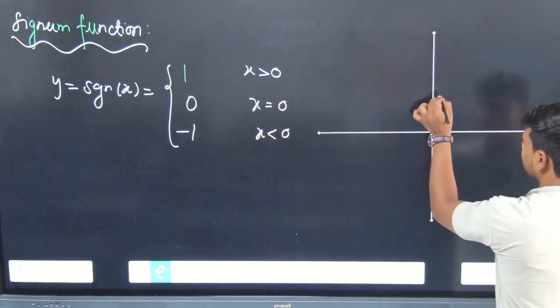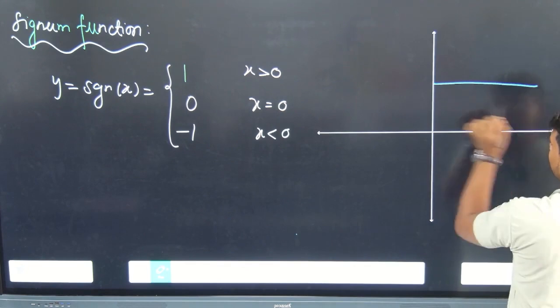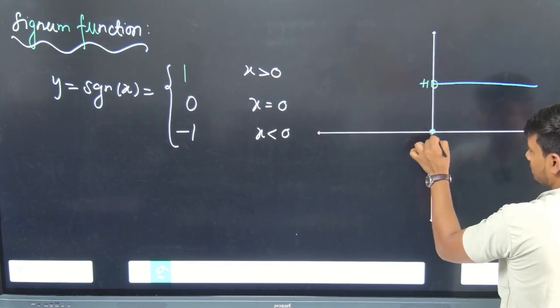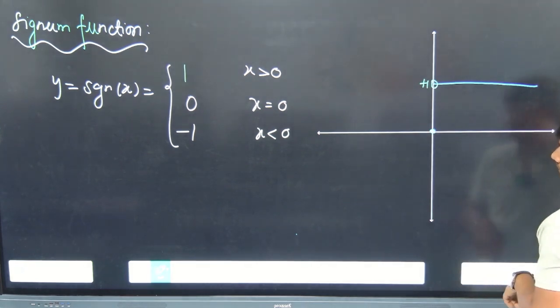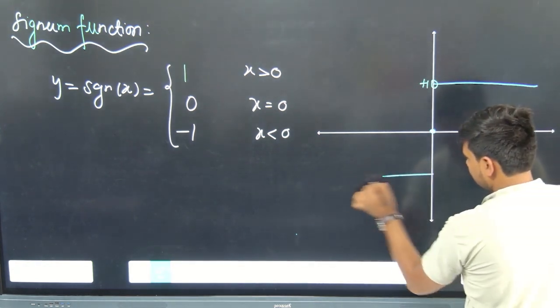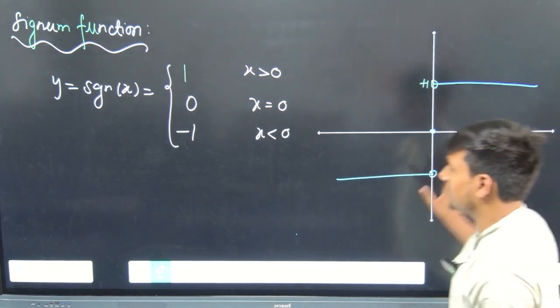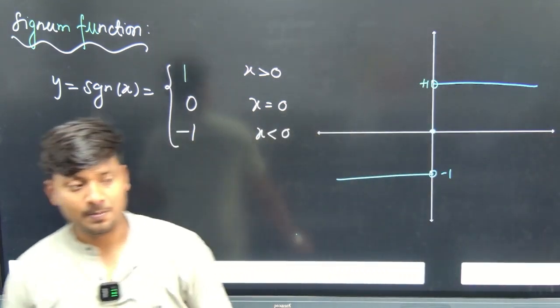So when x is greater than 0, this is plus 1, and here at x equal to 0, the function value is 0, and this is minus 1. Okay, so this is the graph of Signum function.